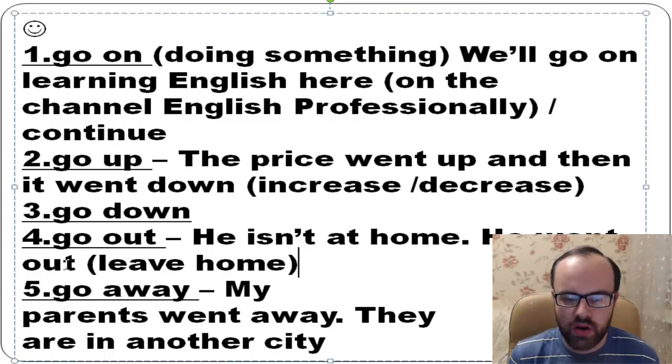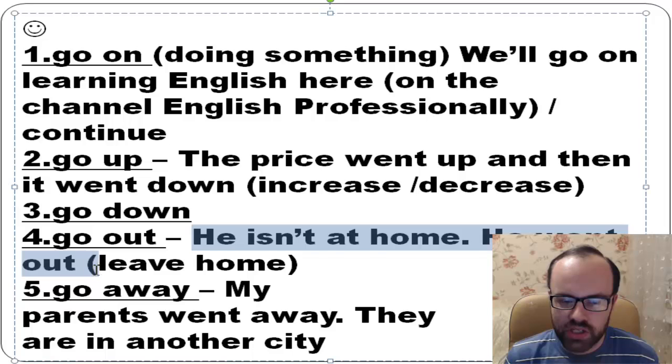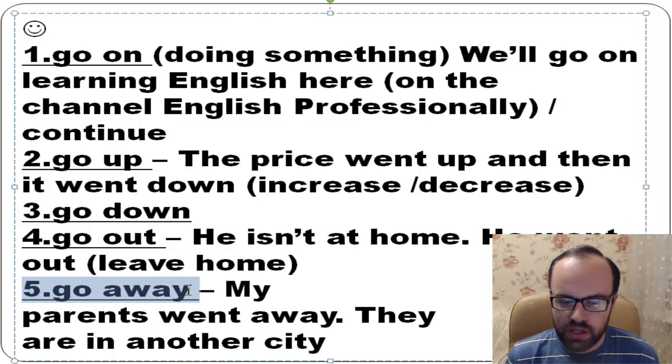So he left home. Go away. My parents went away. They are in another city. So what is the difference between go out and go away? Go out means leave home. He isn't at home, he went out. And go away also means leave home. My parents went away.